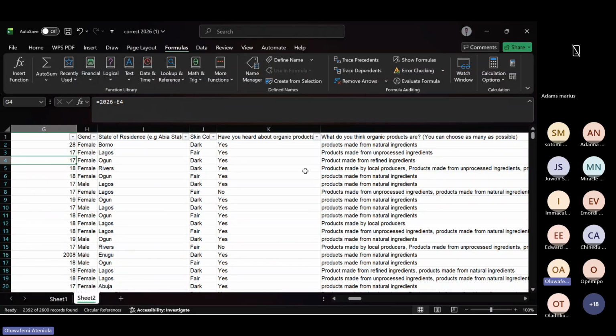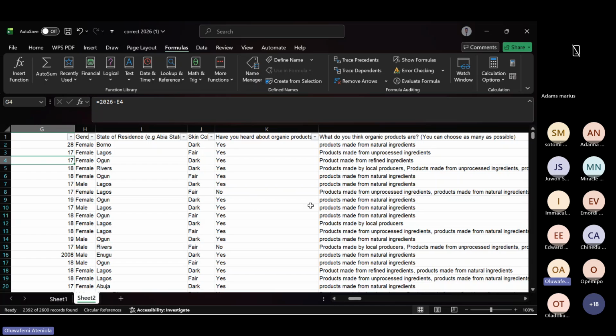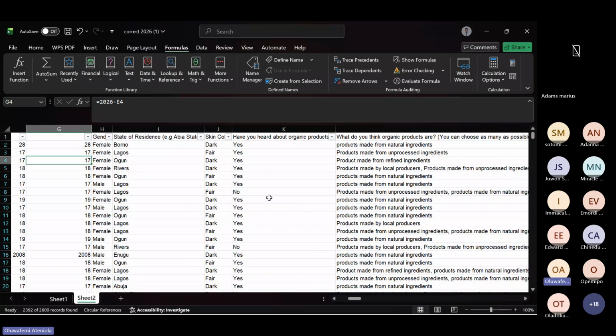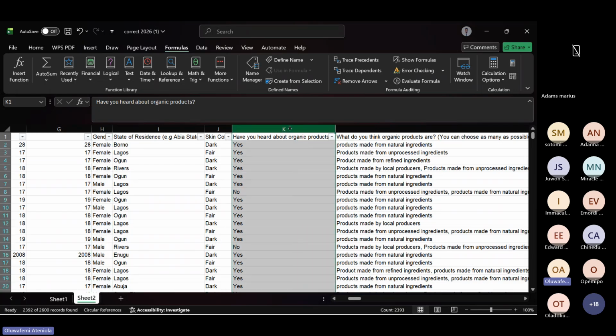Probably when we are done with pivot table and we still have enough time, we'll learn how to group all of this. So we are going to use a pivot table to see what percentage of boys and girls agree to using organic products before. To check this, we have a gender column, and at the same time, we have a column saying yes or no, we use organic products.